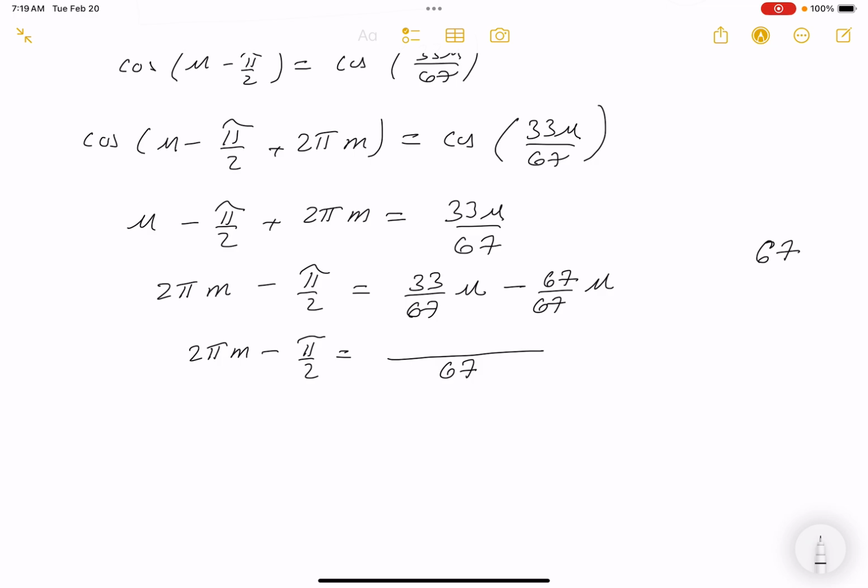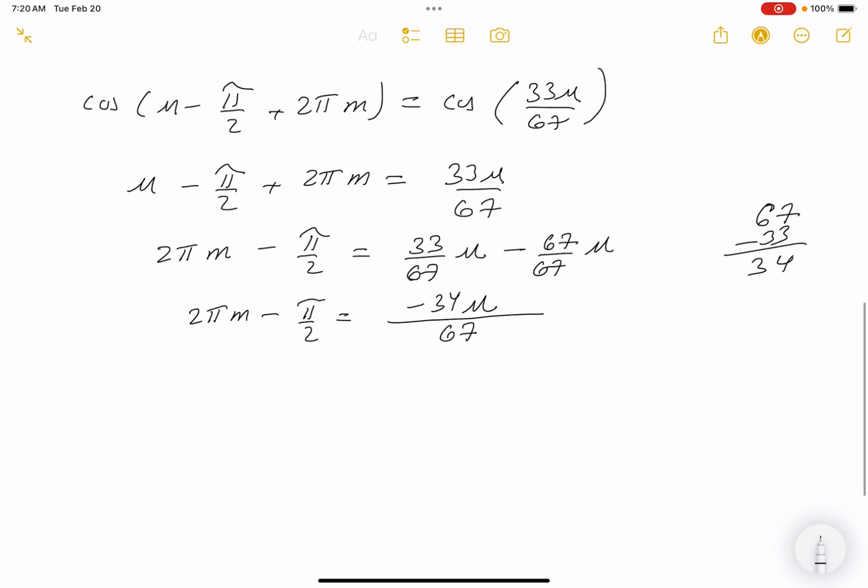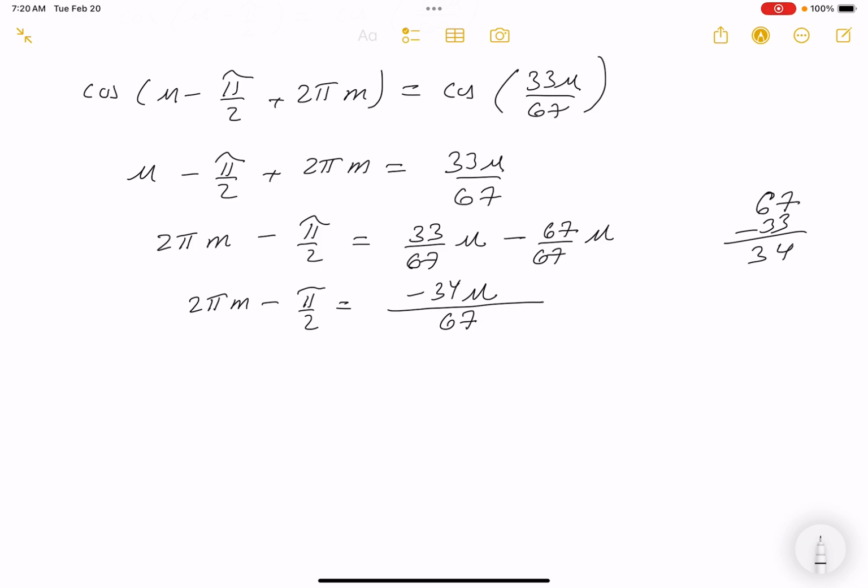I write this over here. 4, that's 34. So minus 34u. All right, I'm going to solve for u now. And I'm going to multiply both sides by 67. That's 2 pi m minus pi over 2. That's minus 34u. I'm going to divide both sides by minus 34 too.